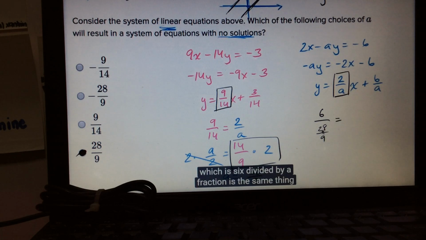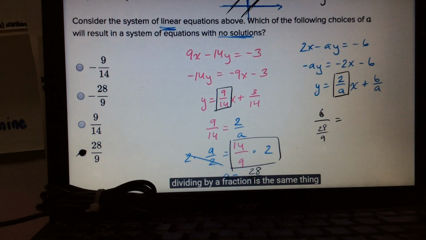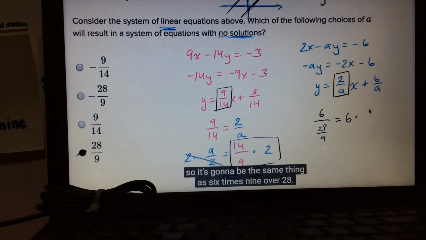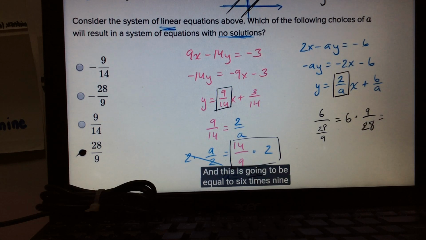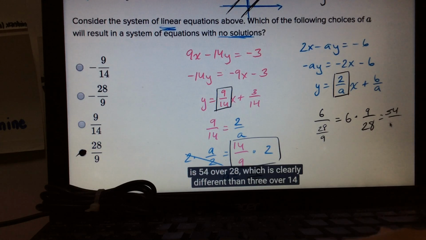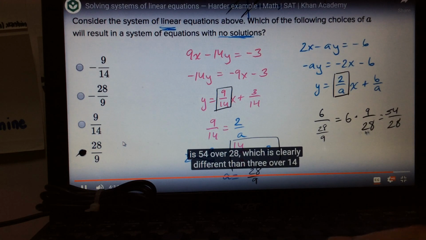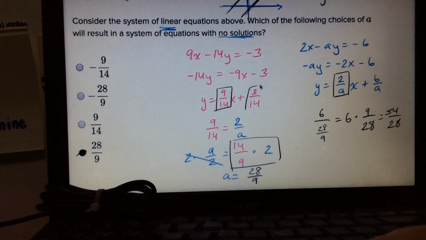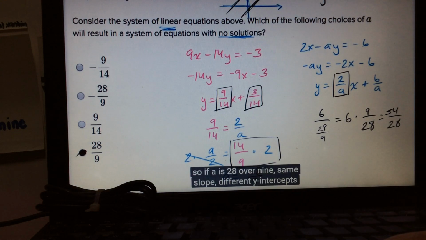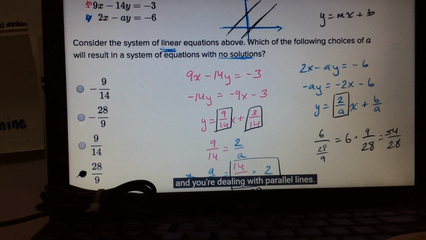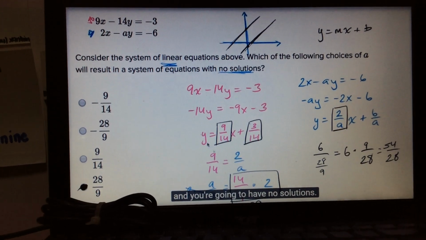Dividing by a fraction is the same thing as multiplying by its reciprocal, so it's 6 times 9 over 28, which is 54 over 28, clearly different than 3 over 14. So if a is 28 over 9, same slope, different y-intercepts, you're dealing with parallel lines. They will not intersect, and you're going to have no solutions.